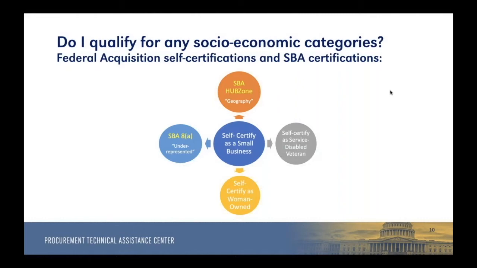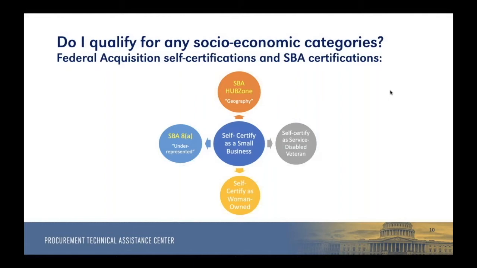So SBA has deemed these HUBZones in order to encourage contracting and stuff like that. So if your business is located in one of these HUBZones, there are some other requirements that you have to meet as well, but you might be eligible to certify in the HUBZone program and then bid on contracts for that.